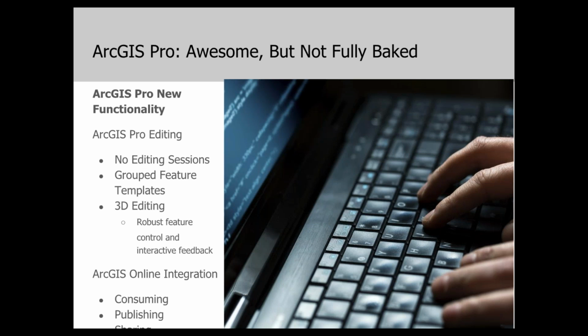So this is really cool for consuming and publishing services, and also for sharing those services and collaborating throughout your organization. Very cool feature when you talk about your web maps and how you can use them and bring mobility into your organization with applications that you spin off from ArcGIS Online. So that's very neat.